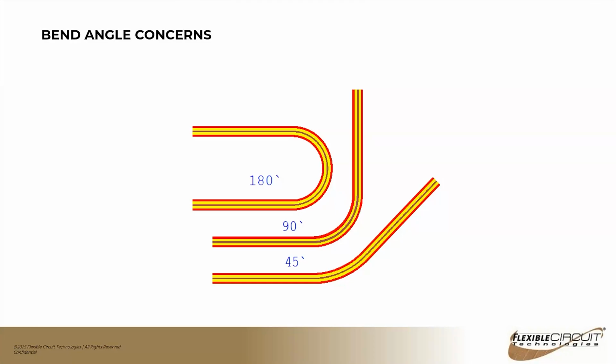So, a few different examples of bend radius here. We have 180, 90, and 45 degrees. With 180 degrees, we do have applications where we're required to bend a circuit back onto itself and actually crimp it. There can be concerns, you can compromise conductors, but in some situations that's perfectly acceptable.